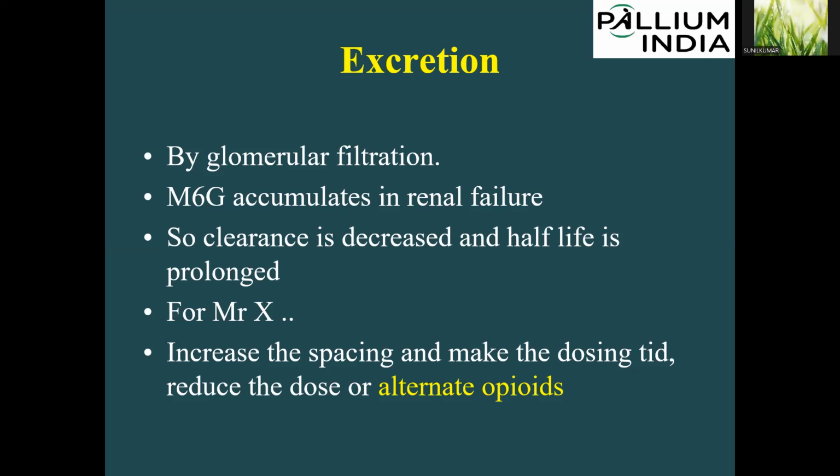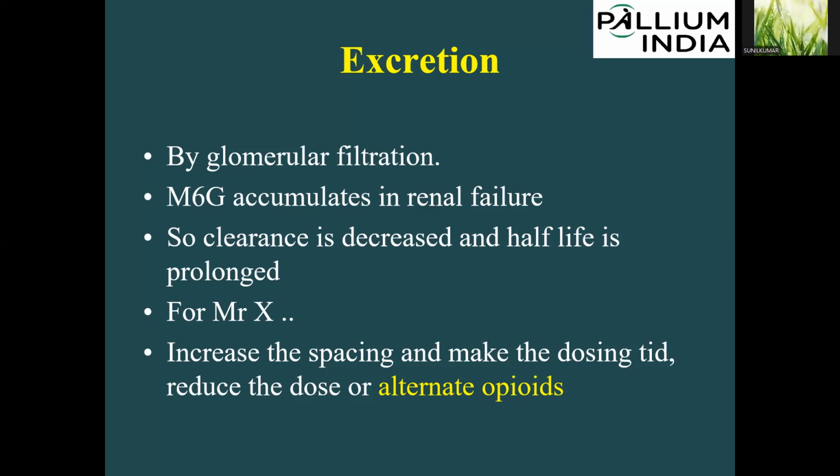Okay. So what should we do? We should actually increase the spacing. That is, instead of 4 hourly, you have to give it every 8 hourly or 12 hourly or even once daily according to the situation. And even reduce the dose from 10 milligram to 5 milligram.